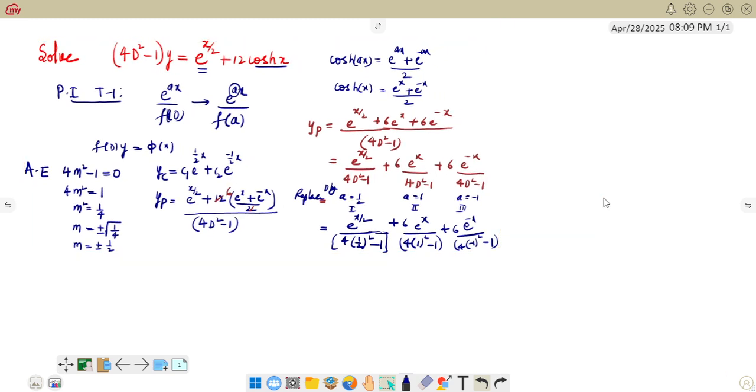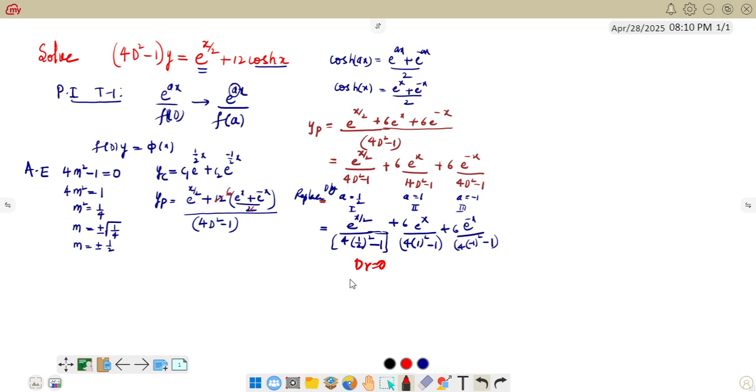Now, look here. In the first term, D into 1 by 2, 1 by 2 whole square is 1 by 4. The 4 gets cancelled. 1 minus 1 is 0, so the denominator of the first term becomes 0, students. In the second term, 4 minus 1 is 3. Again 4 minus 1 is 3. Oh, it is not affecting us.